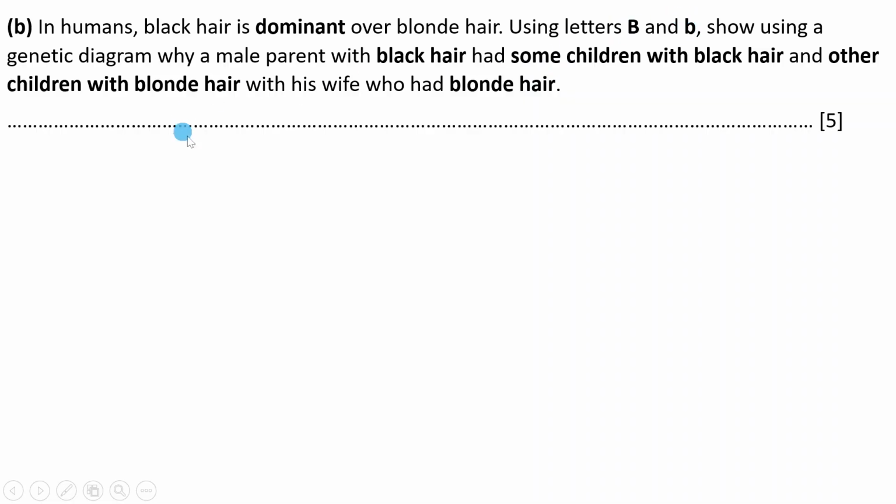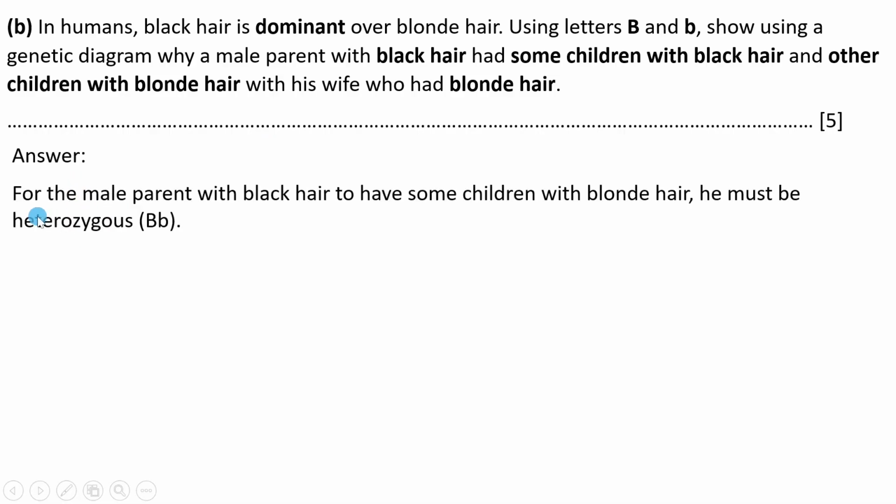Okay, so we'll show this using a genetic diagram. So answer, okay, for the male parent with black hair to have some children with blonde hair, he must be heterozygous. So this one was heterozygous because he contributed to the child instead of having blonde.